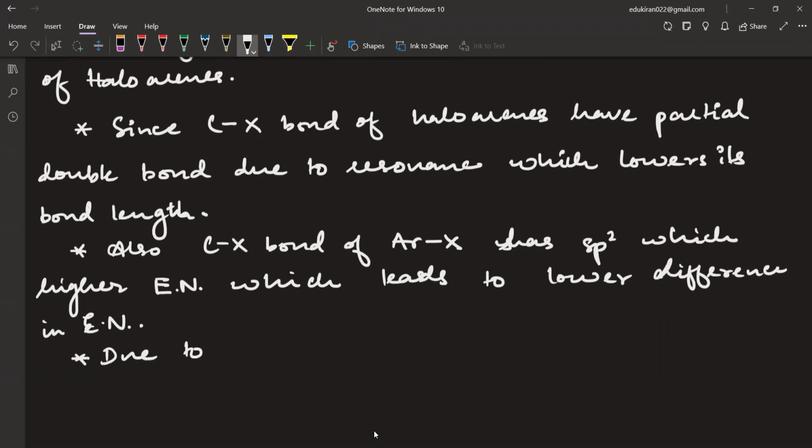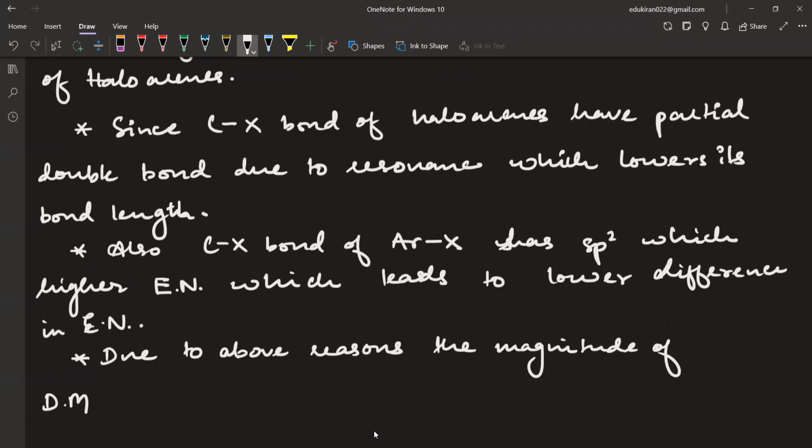Due to the above reasons, the magnitude of dipole moment, which is equal to Q into D. So Q relates to the difference in electronegativity.